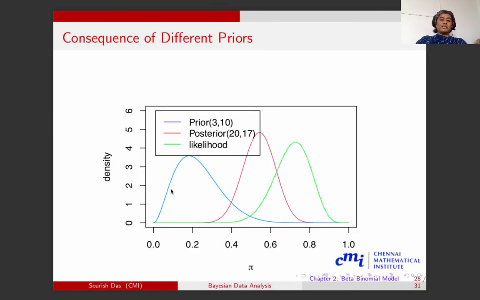Now we have considered a prior 3,10, which is a really bad prior. The posterior has tried to correct itself by taking a distribution somewhere between the likelihood and the prior, but it's still quite far from the data.